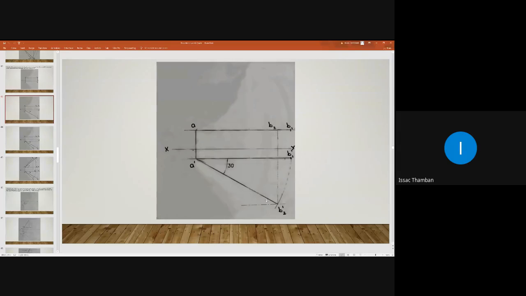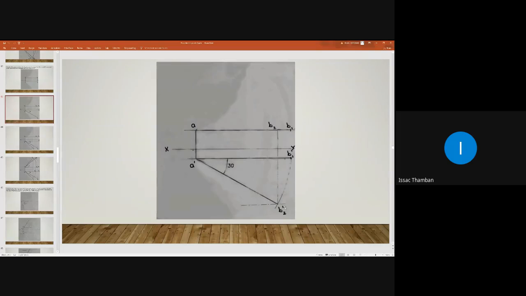Draw a 30-degree line from A dash in this direction and draw this arc. This radius is the true length, that is 100 mm. Take 100 mm in your compass and with A dash as center, intersect this 30-degree line and obtain B2 dash. Do it.